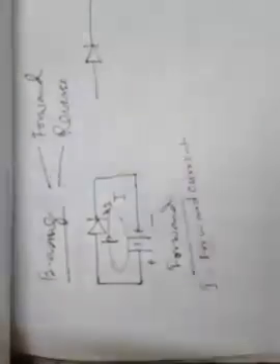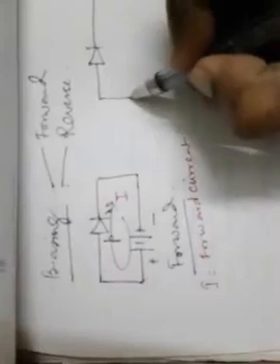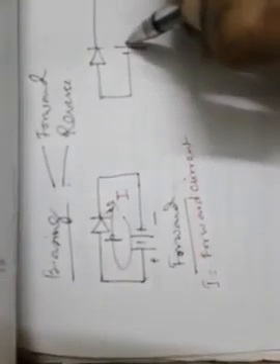Similarly, if we reverse the polarity either of the diode or of the battery like this, then the direction of current flow will be opposite, and this type of connection is called reverse bias diode.